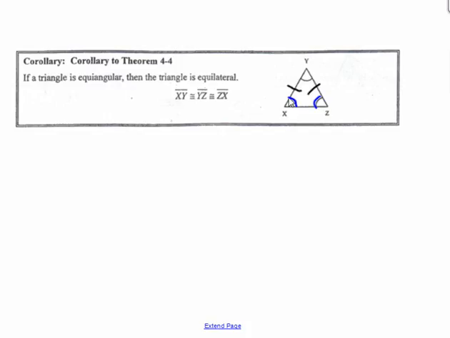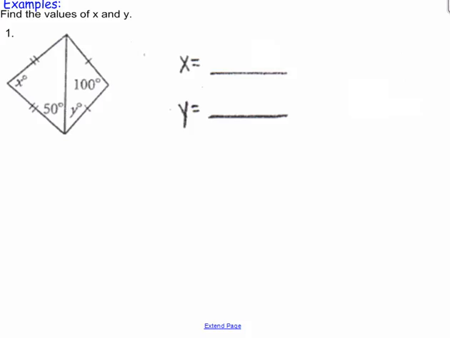And if you twist it around, if these two angles are congruent, then these two sides are the same. If these two angles are congruent, then these two sides are the same. So if you notice just from writing all the markings, if a triangle is equiangular, then the triangle is equilateral, so all the sides are the same as well. So quite a bit of vocabulary there.